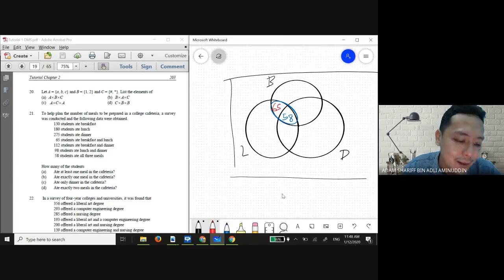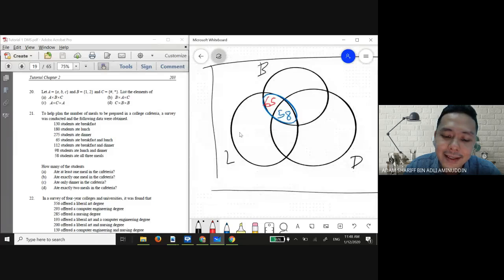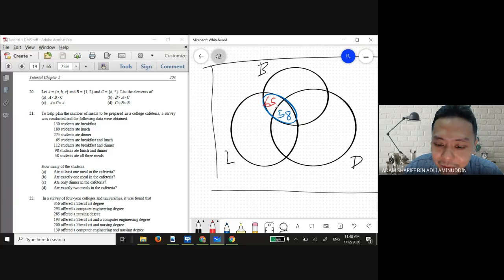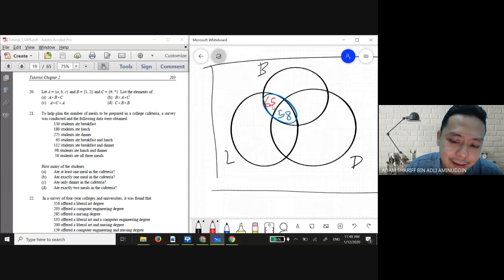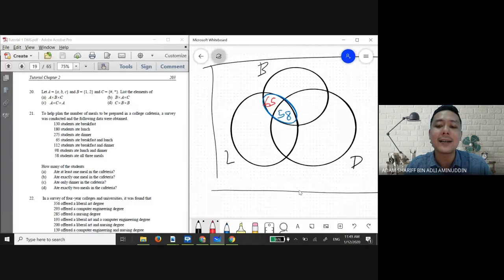Dia bukan 65 dah kat situ. Dia berapa kat situ? Breakfast dengan lunch, yang all 3 is 58. But this 65, I cannot put it bluntly here. This is not 65. Sepatutnya 7. Macam mana Muhsin dapat ialah Muhsin ambil 65 tolak dengan 58. So jadi 7 di sini.